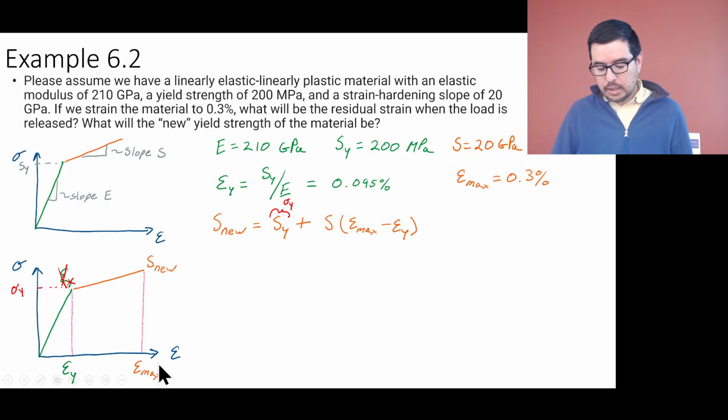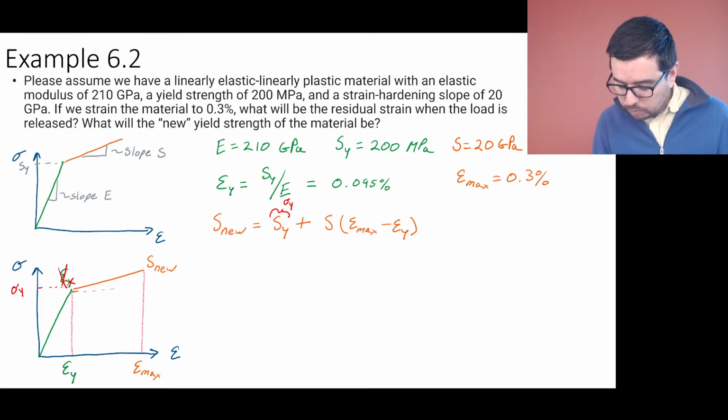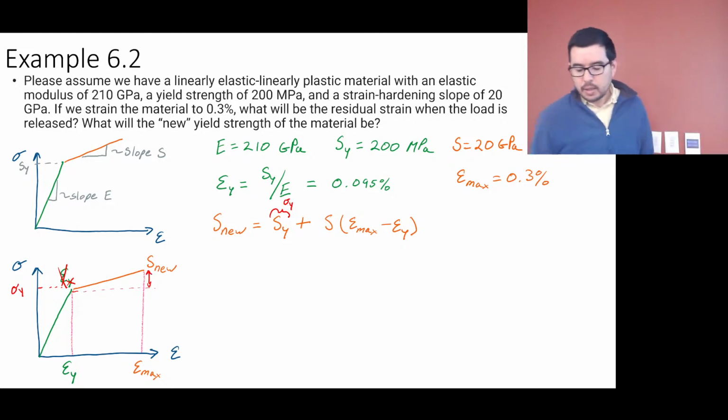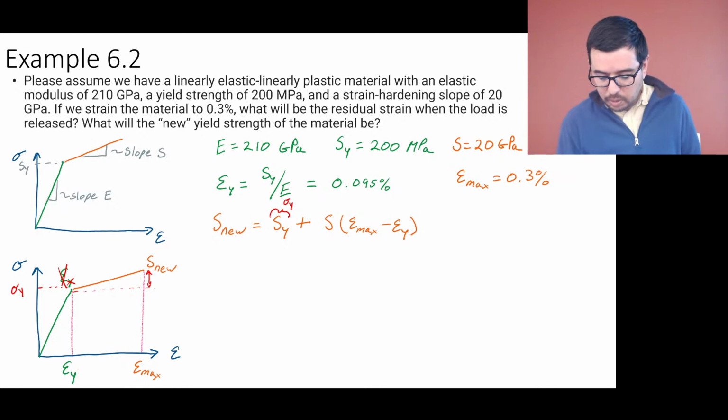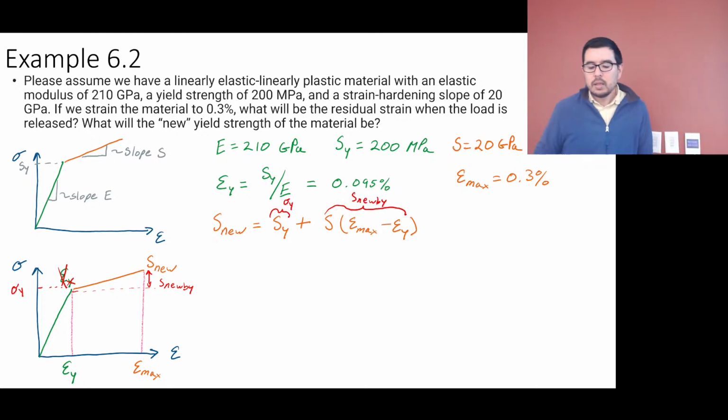That's this x distance here, and that will give us this new additional bit. I don't know what we call it. Let's just call it S newbie. Okay, so this is S newbie.